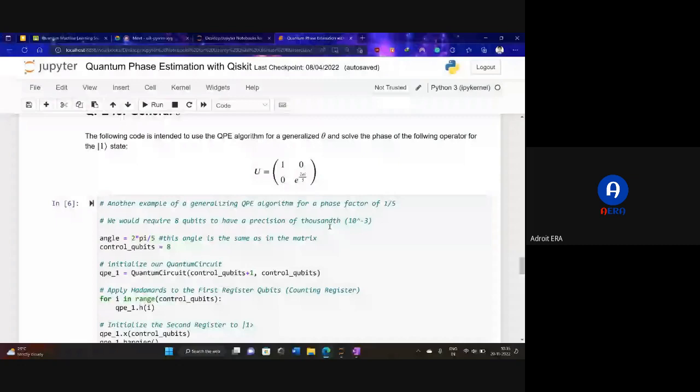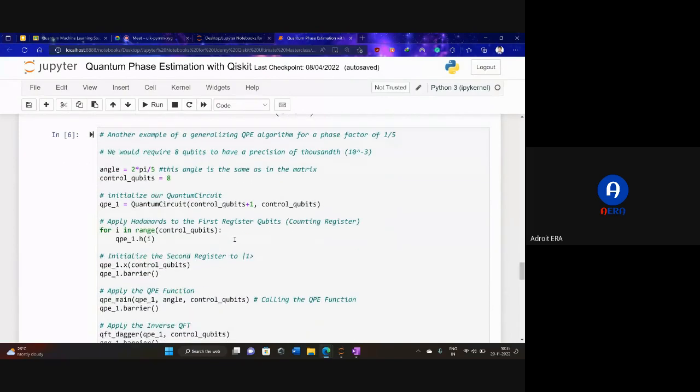So according to that logic, we have defined the control qubits to be 8. That means the first register has 8, and the rest of the circuit remains the same.